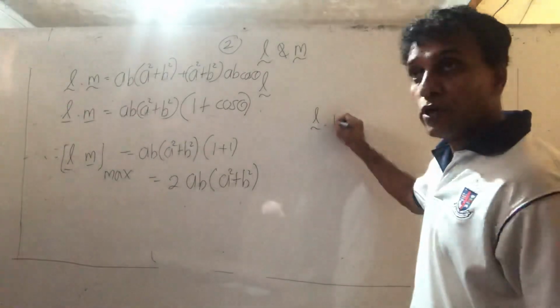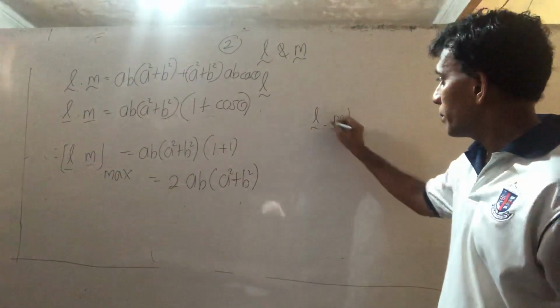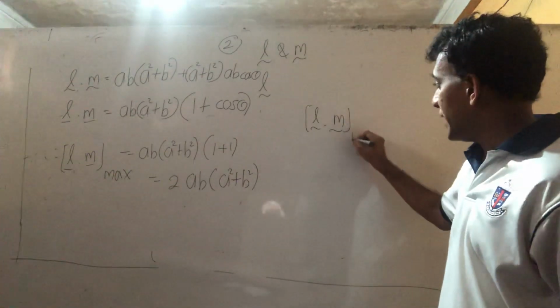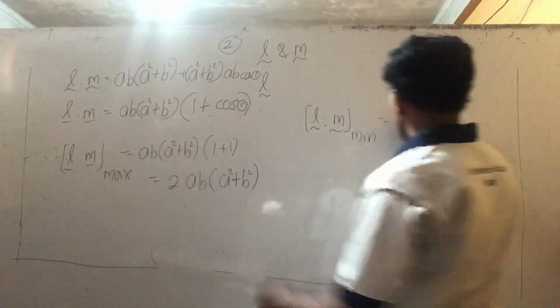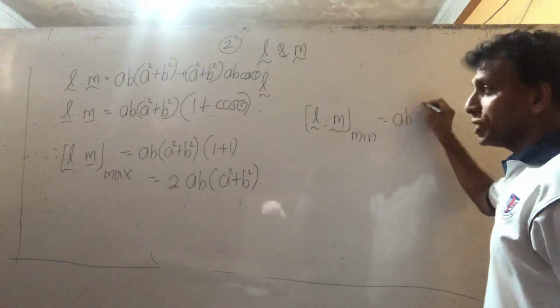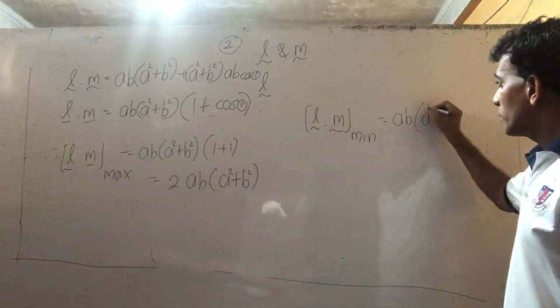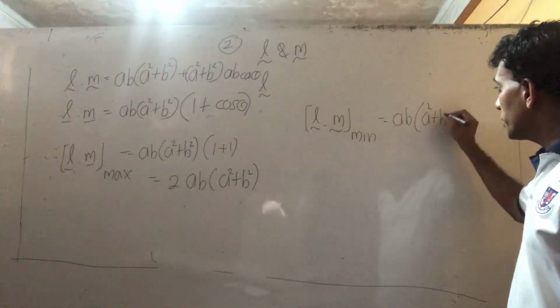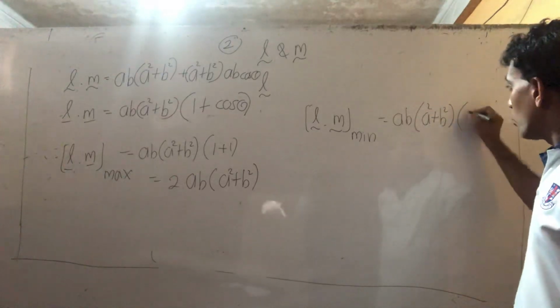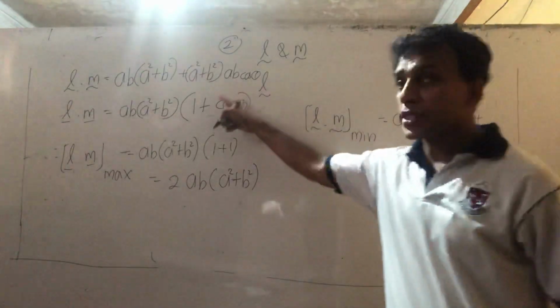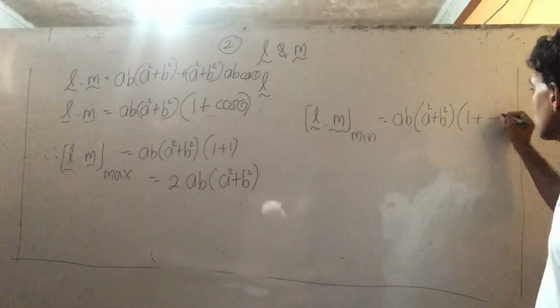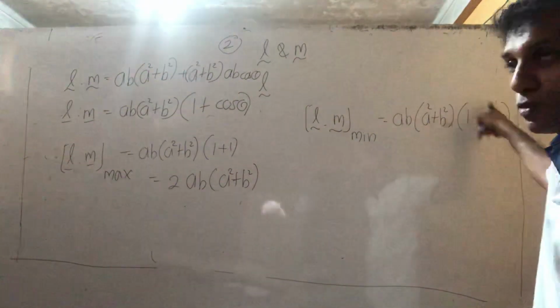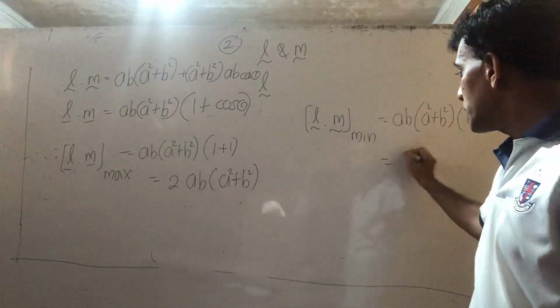Vector L dot vector M minimum equal to AB into A square plus B square into 1 plus cos theta taking minimum value -1. So here 0. So completely therefore 0.